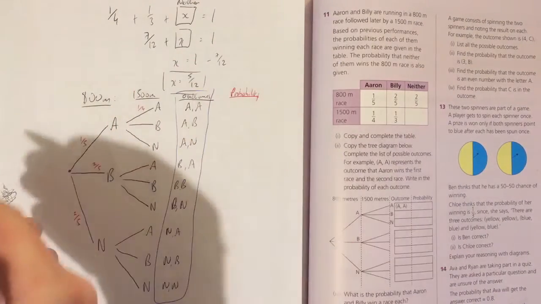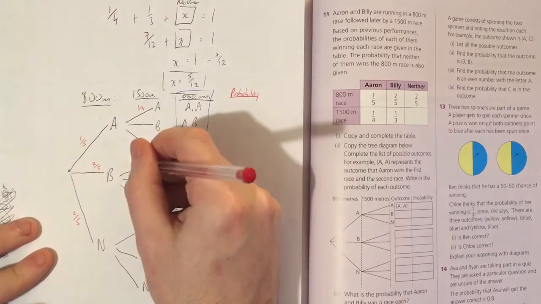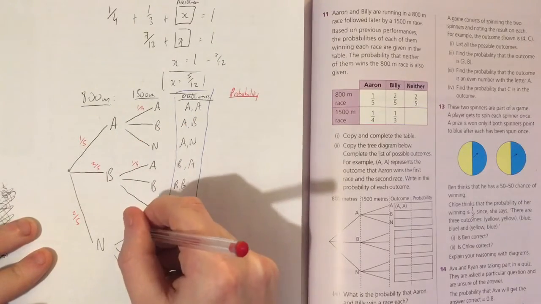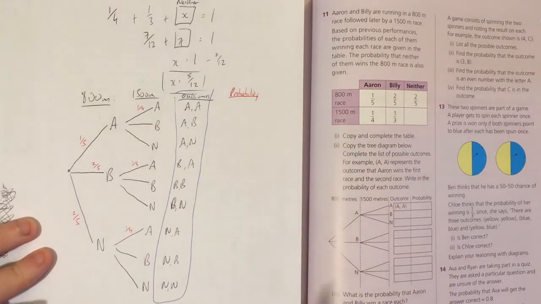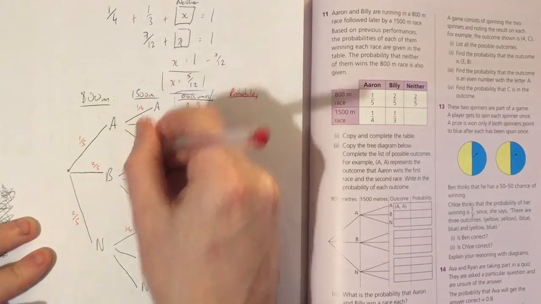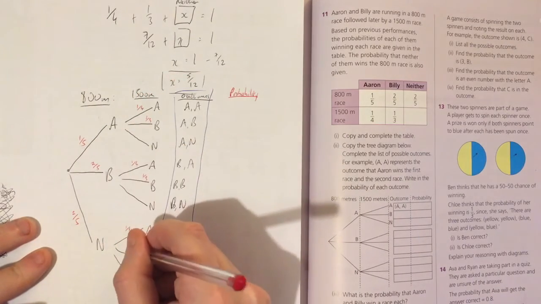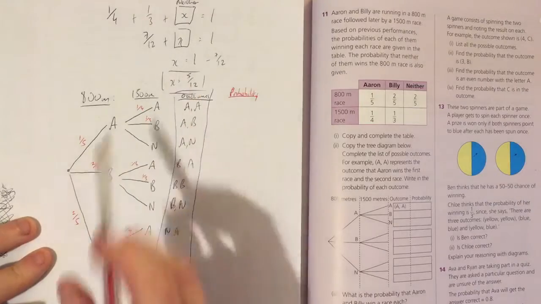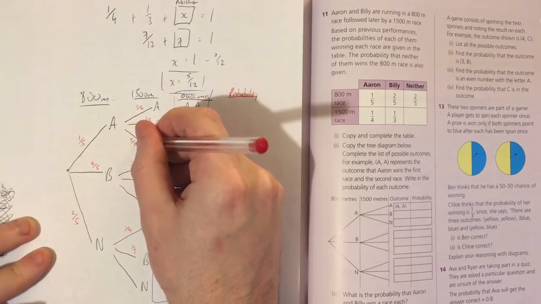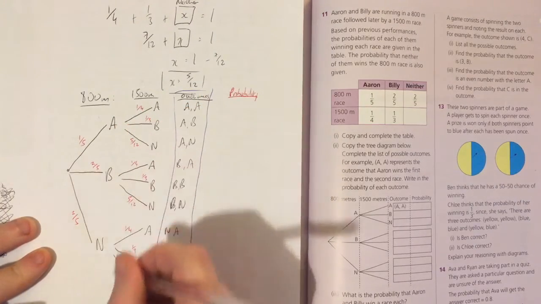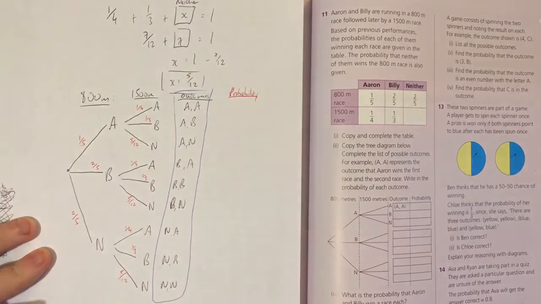And that's independent of what happens before. That doesn't change depending on the first race. So it's always going to be 1 in 4 that Aaron wins the 1500. It's always going to be 1 in 3 that Billy wins that race. And it's always going to be, as we figured out here, a 5 in 12 chance that neither of them win it, someone else wins it.